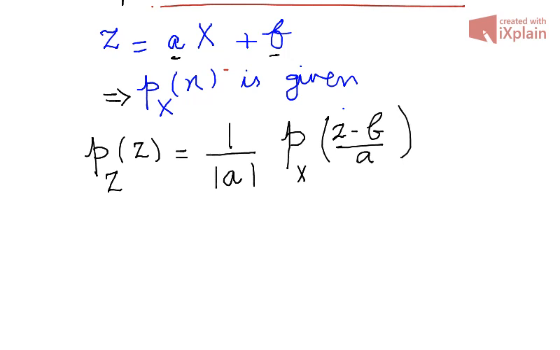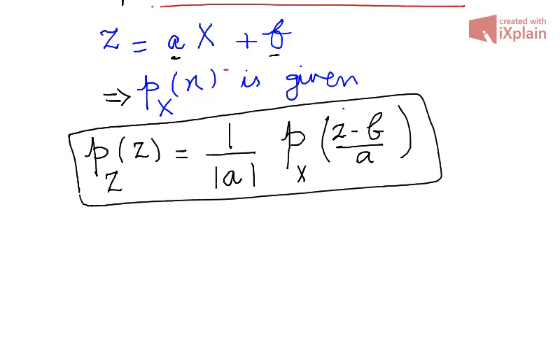Now let's see with the help of an example that if we are given this p of x, how we can write p of z. So for the simple example, we assume that x is normal. When we say x is normal, we can write the PDF of x. Keep in mind, in additive white Gaussian noise, you are familiar with the concept where noise is normal, zero mean Gaussian PDF.